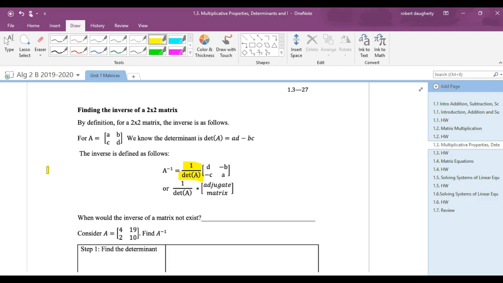When can you divide by 0? Answer is never. So when would the inverse not exist? It does not exist when the determinant, and I'm just going to abbreviate that, is 0. Because I cannot have a formula that says 1 over 0. So if the determinant is 0, then there will be no inverse of this matrix.